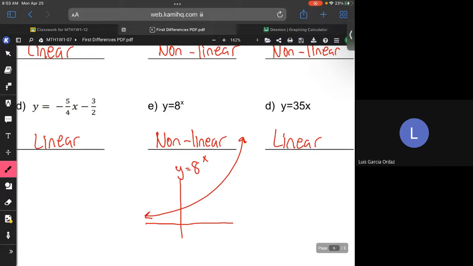Is it because x is where the power is? Yeah, that's exactly why. Because I said my exponent has to be 1. Did I ever say my exponent can be x for it to be linear? If the exponent is beside 35, then it's fine. I'm taking 35 and multiplying it by x, and because my x has an exponent of 1, then it's linear. But once x is above it, then it's not linear.